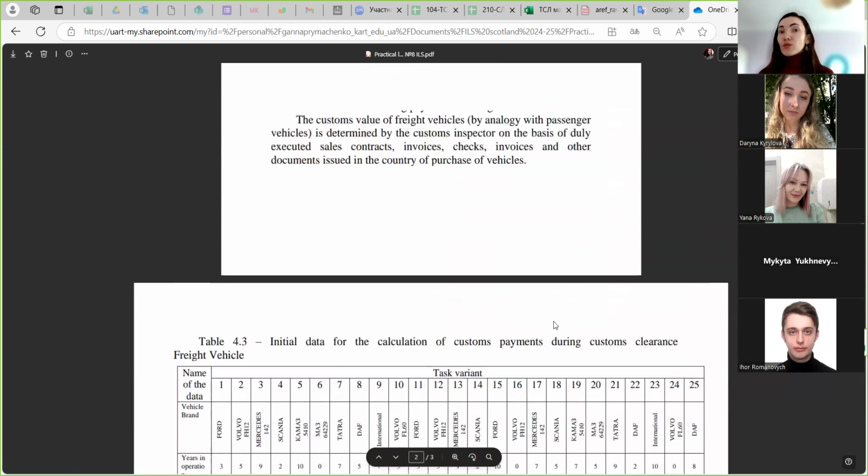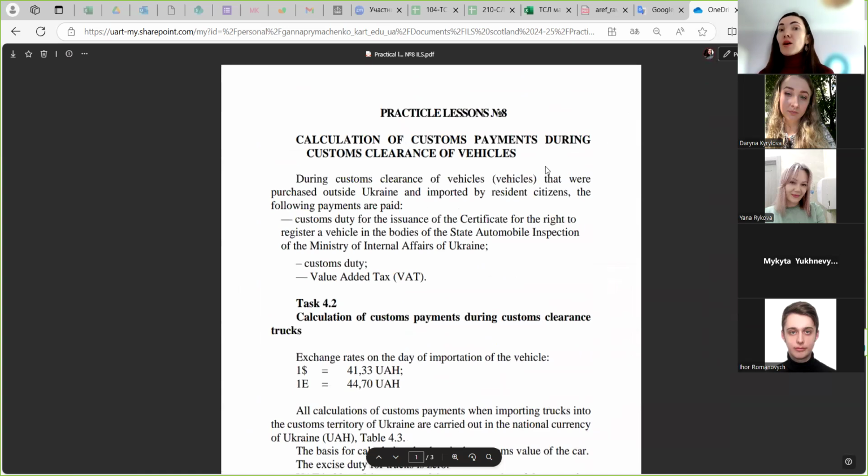So today it is all about customs payments. We already did two tasks, and this information maybe was also in your lecture materials, for example, how long we can locate our cargos, and what the value of these cargos is.